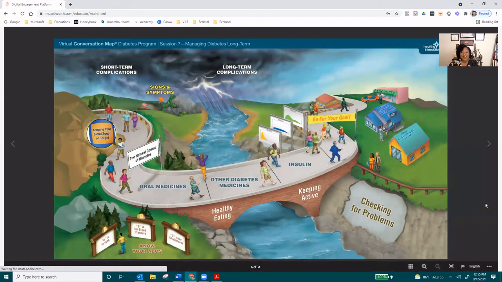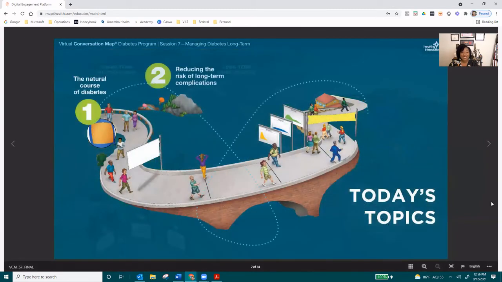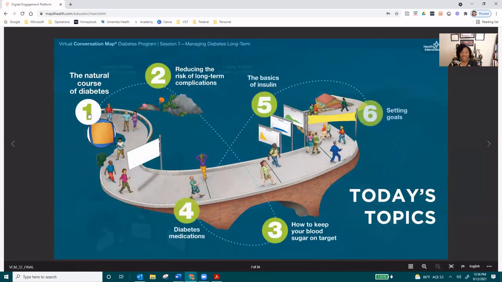For sessions 7 and 8, we're introducing you to your final conversation map. Session 7 is managing diabetes long term, which you definitely need to know in order to make sure that you can successfully manage your diabetes. In session 7, we are talking about things like the natural course of diabetes and what you can expect with diabetes long term.